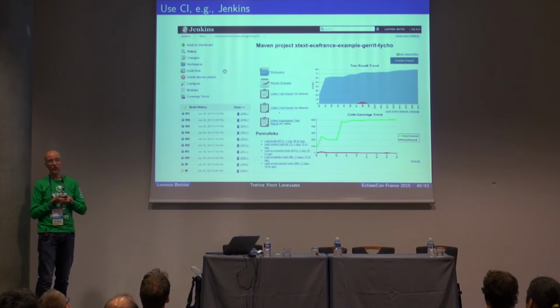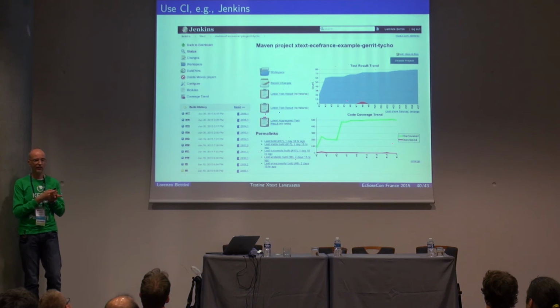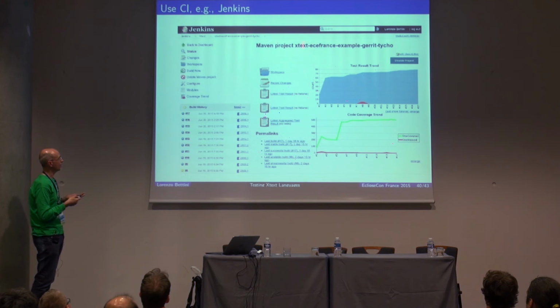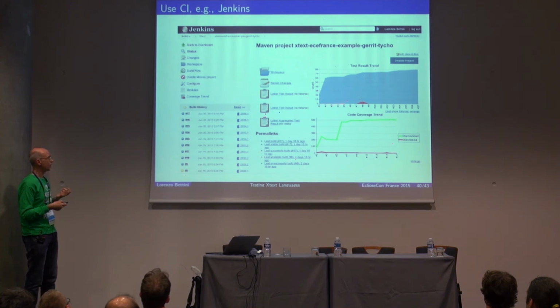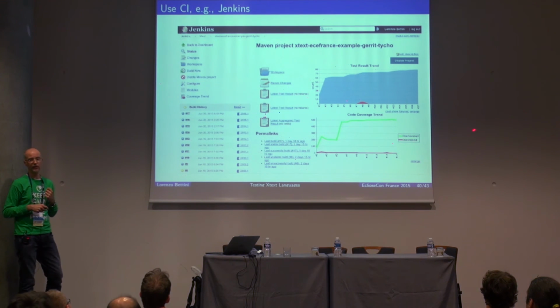And then, of course, you use CI. Okay, Jenkins is my favorite. That's what I'm using. That's basically the Jenkins job for this very example. Jenkins gives you some nice statistics about failing and successful tests, and you can also have reports of Java code coverage.